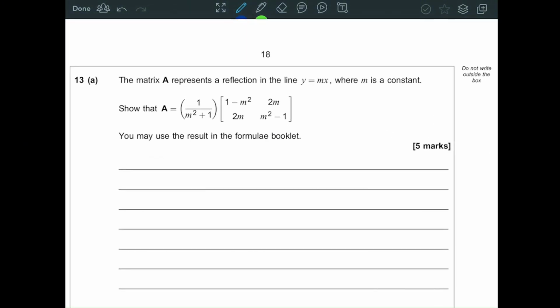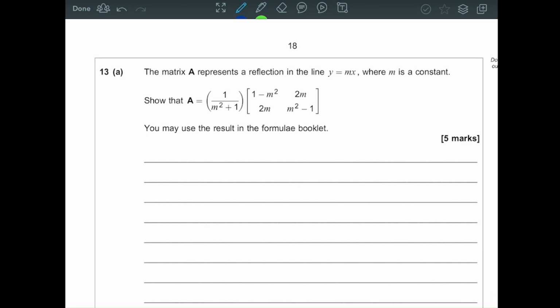13a. Kind of glad that question 12 was over there. The matrix represents a reflection in that line. Show that. You may use the result in the formula book. So as soon as it says that, I'm going to go and find the formula book and pull out exactly what it's telling me, so I know how to aim.